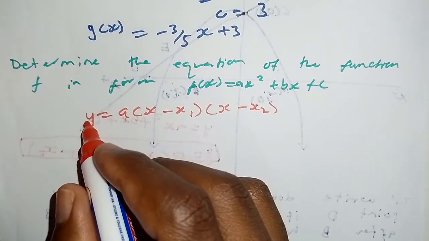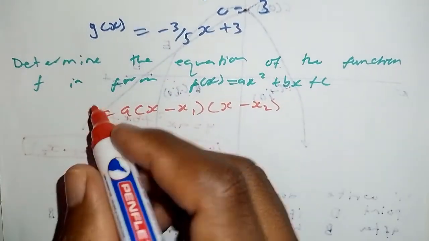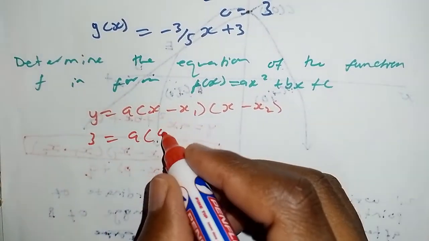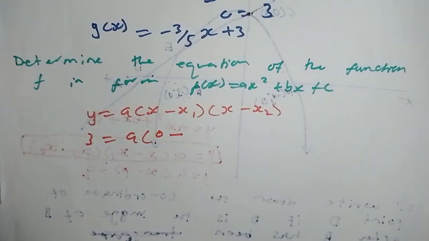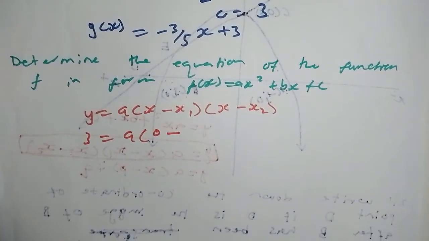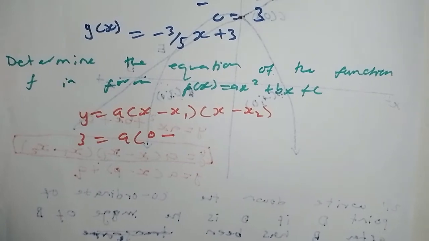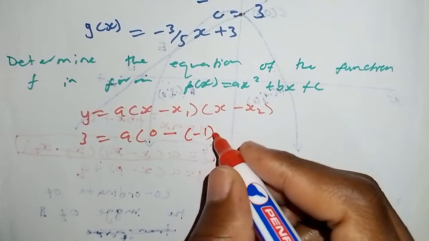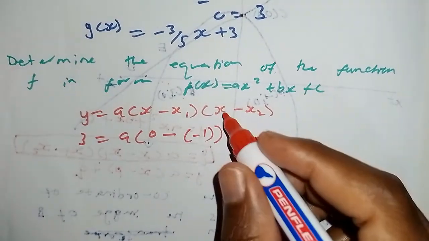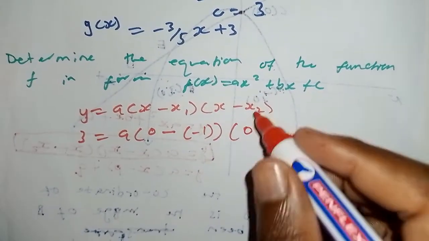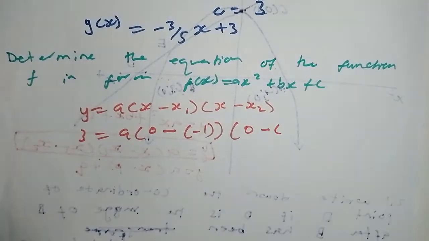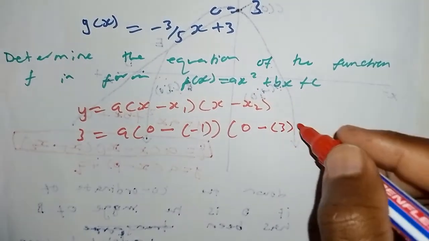What are the coordinates of C? Coordinates of C, y is 3, a into x is 0 minus, okay, when we use the x-intercept of A, it's negative 1. Then this is still 0 minus the x-intercept of B, which is 3, right?